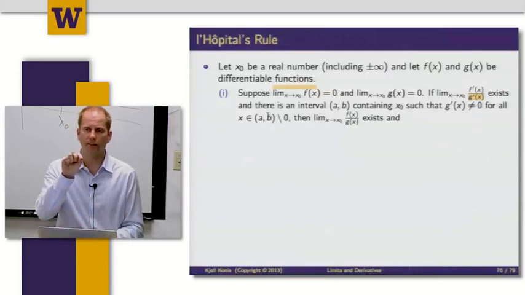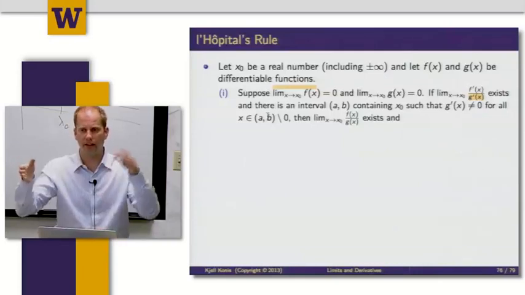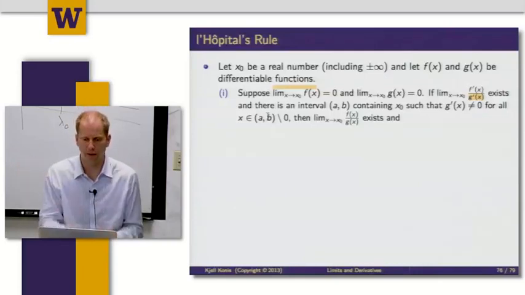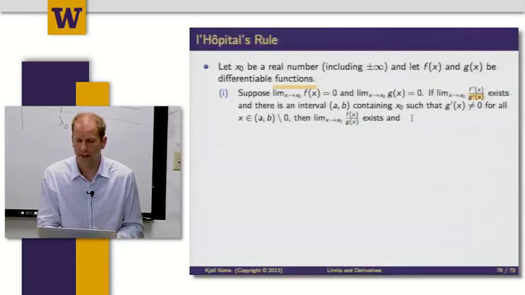So you can imagine a point x0, and then there's a over here and b over here. So you have some points around x0. And you need g prime, so the thing on the bottom, has to be non-zero everywhere except at x0.